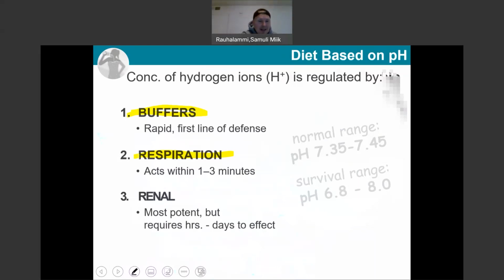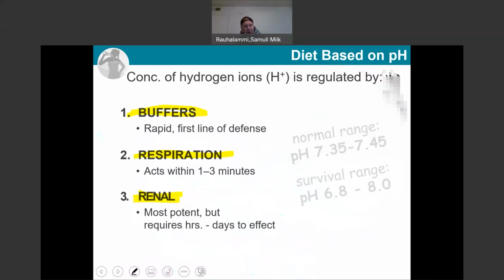And the final mechanism is going to be a renal mechanism, so through the kidneys, and we just had a look at that in the last chapter, how we use kidneys to remove excess hydrogen ions. So I'm not going to go through it again. You can refer back to that video, and I'll link it also to the end of this video in case you missed it. But what we're seeing is that this is a slow process. It might take anywhere from hours, even up to days to take effect, but the effects are long lasting.